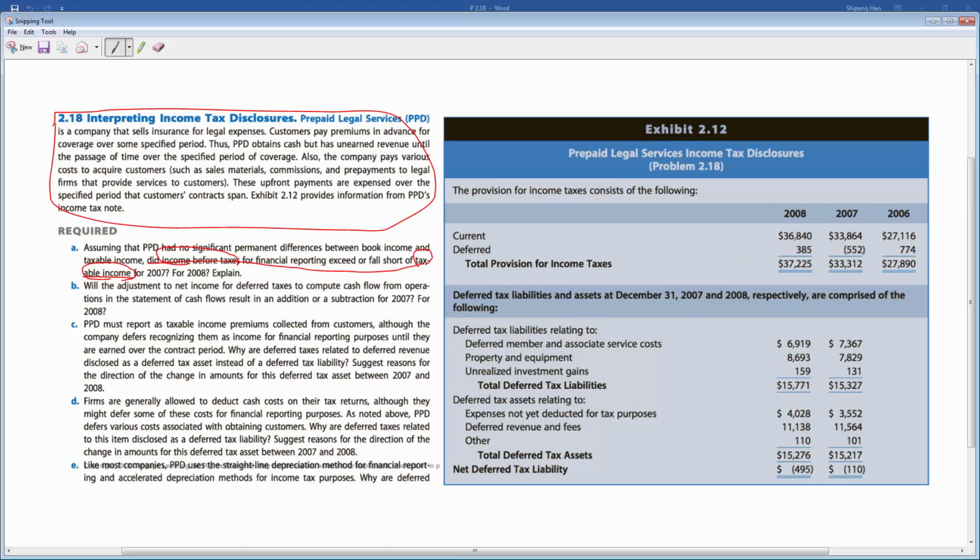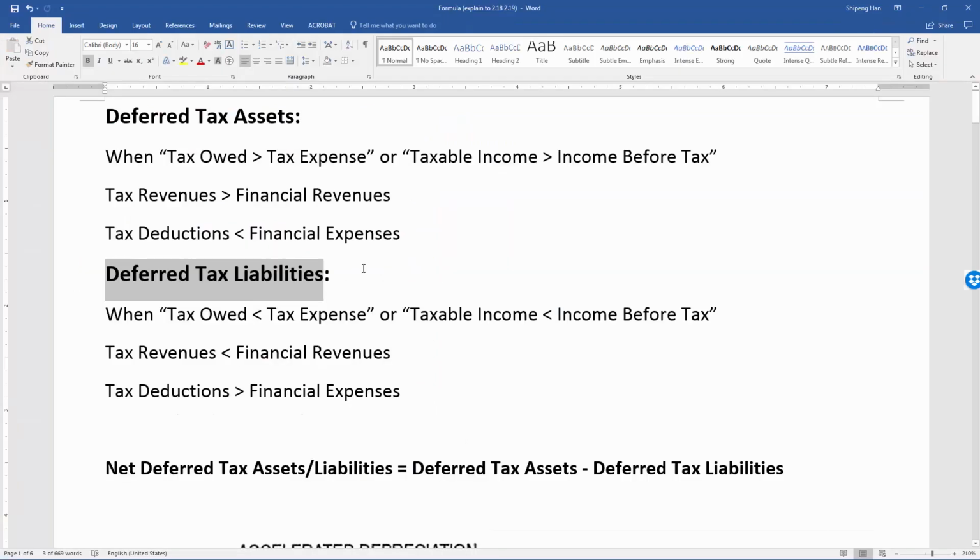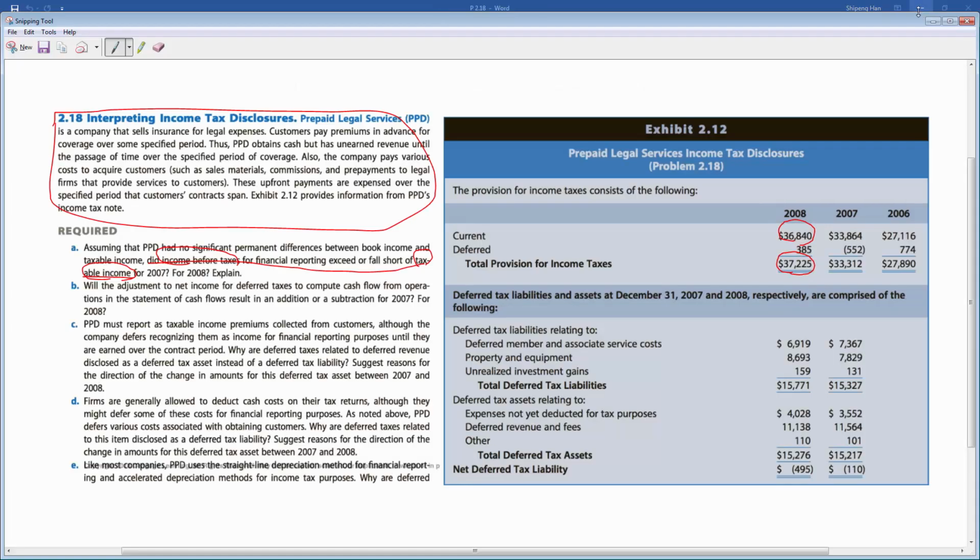Because we found in 2008 tax owed is less than tax expense. So let's go back to the notes. Tax owed is less than tax expense. So taxable income is less than income before tax. Right? So that's the first question. For 2008, that's for 2008.